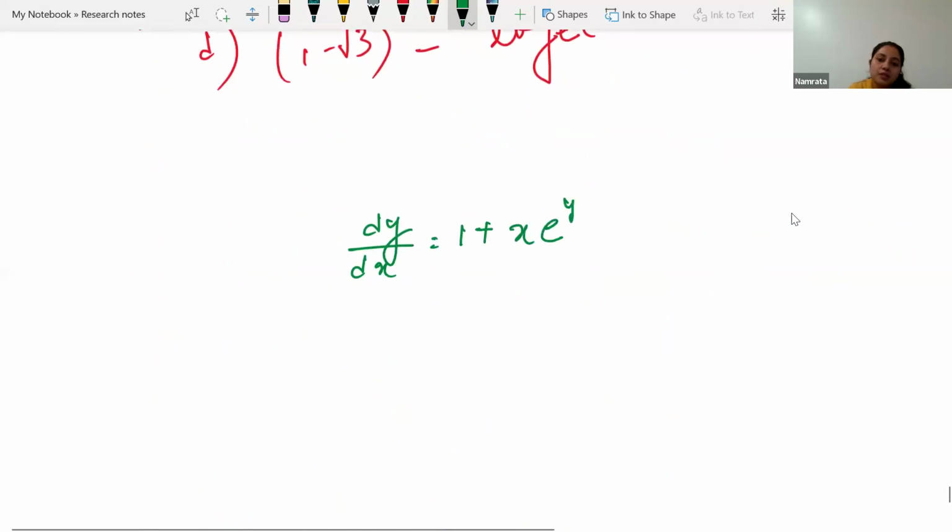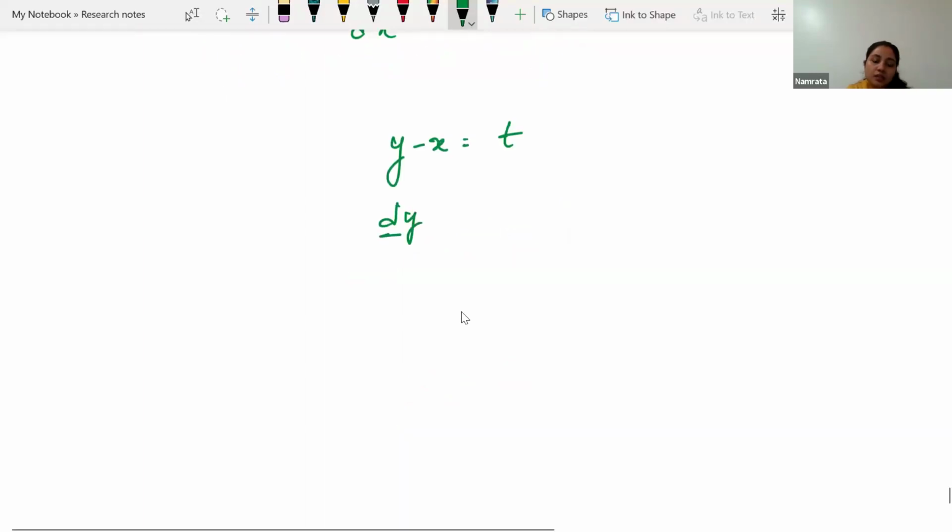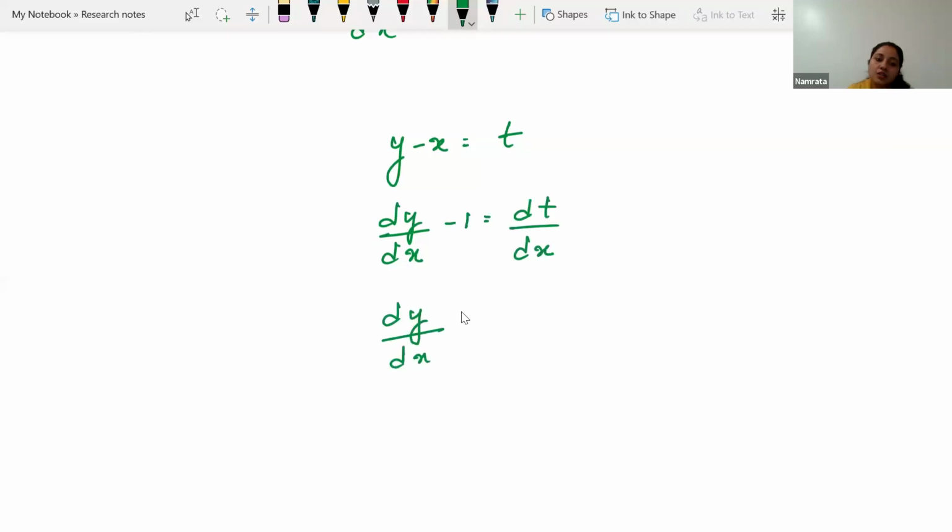If we take the substitution y minus x equal to t, so that it will be e to the power t, we will also convert this dy by dx. Differentiating with respect to x, dy by dx minus 1 is equal to dt by dx. That means dy by dx is equal to dt by dx plus 1.